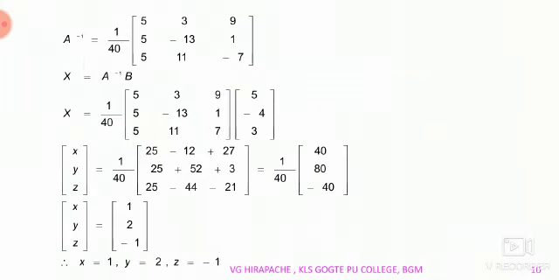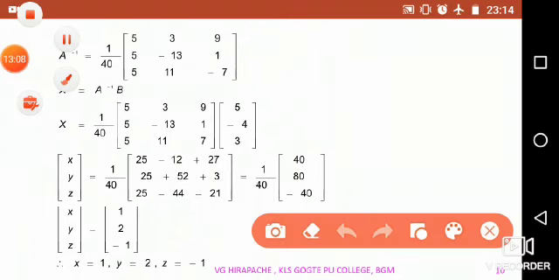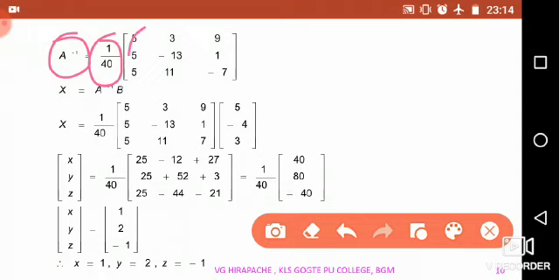Once we get the adjoint of A, we are supposed to find the inverse of the square matrix. The inverse of a square matrix is denoted by A to the power minus 1, and it is 1 divided by the determinant of A times the adjoint of the given matrix.